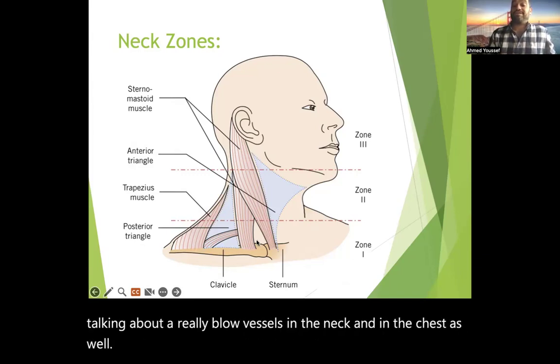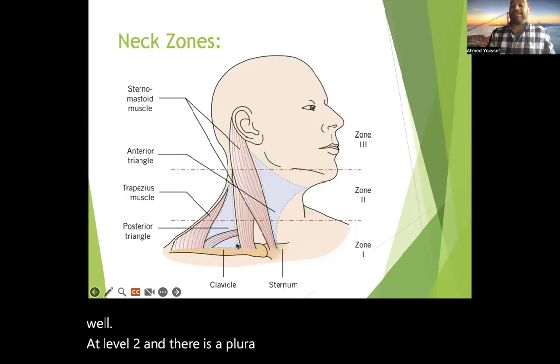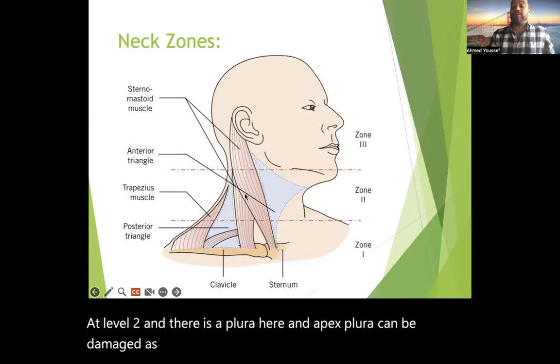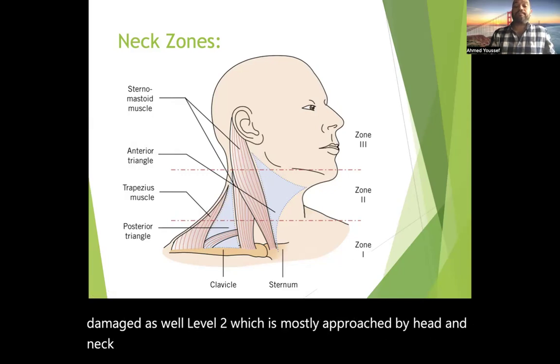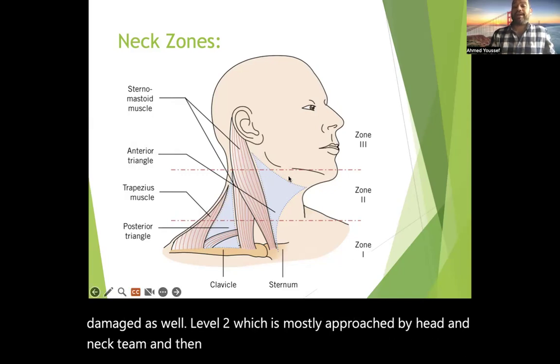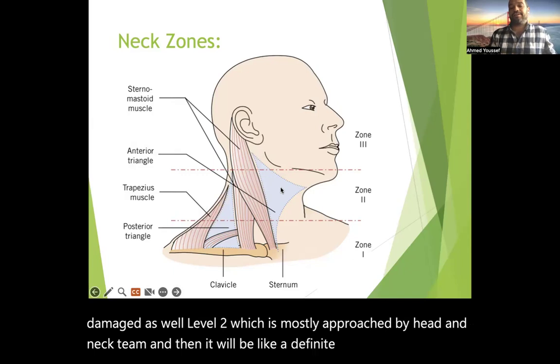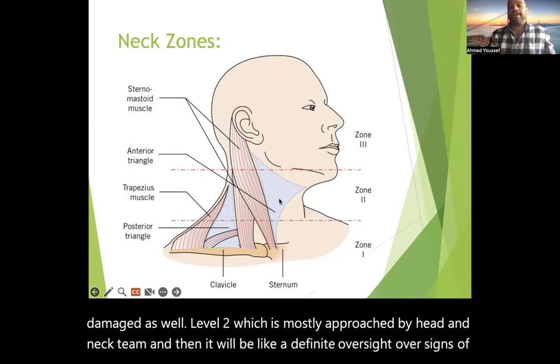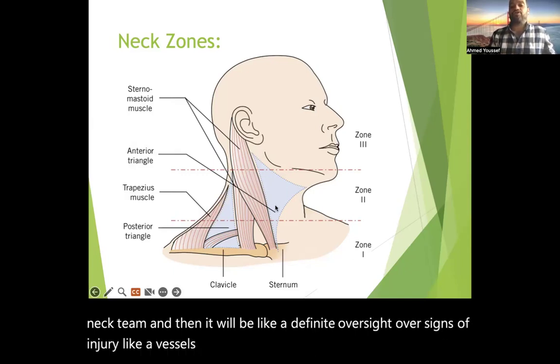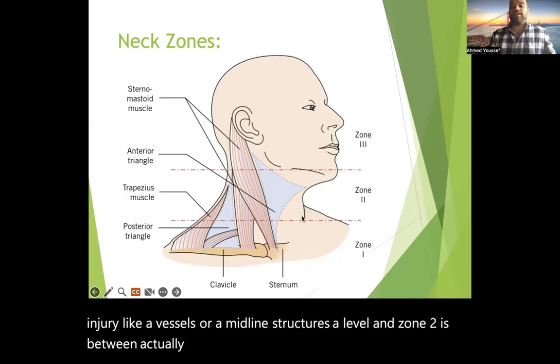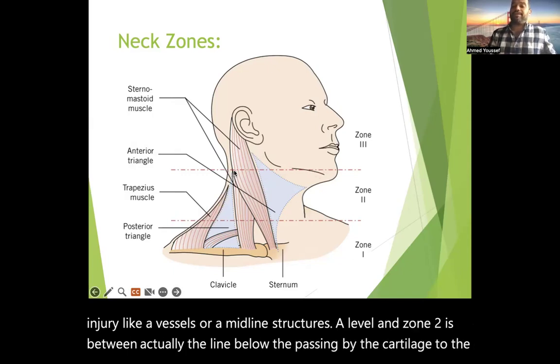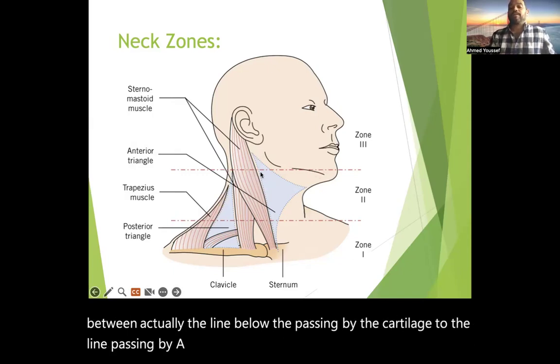And there is a pleura here, and the apex of the pleura can be damaged as well. Zone two is mostly approached by the head and neck team, and then there will be definite overt signs of injury, like vessels or midline structures. Zone two is between the line passing by the cricoid cartilage and the line passing by the mandible.